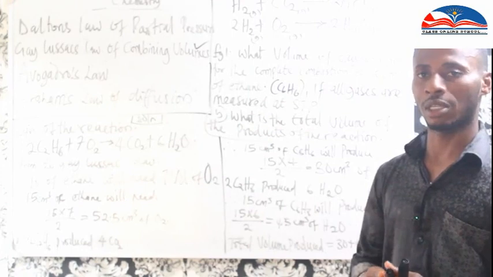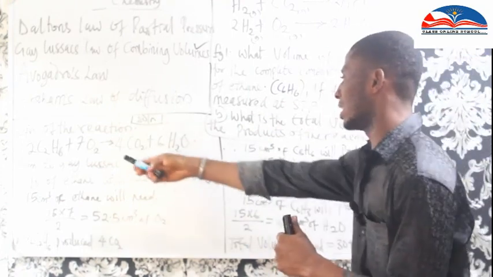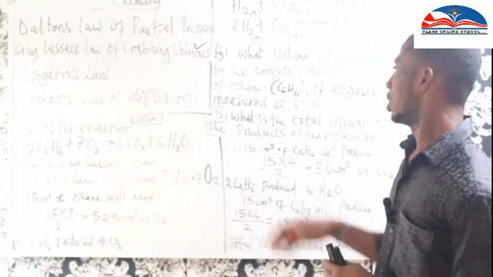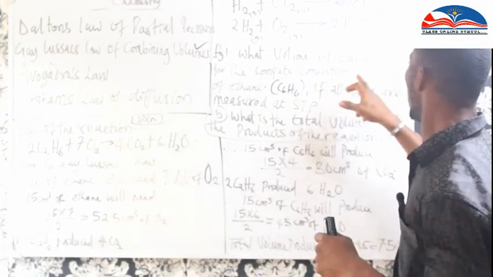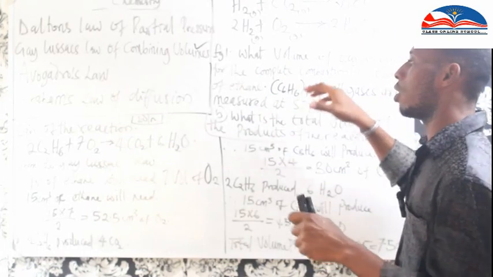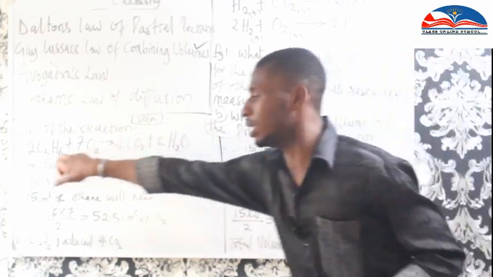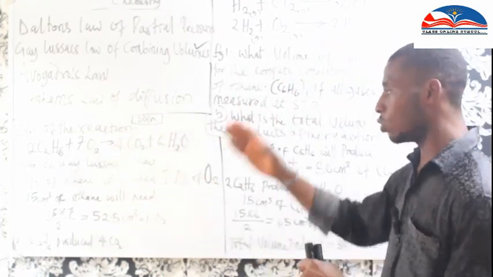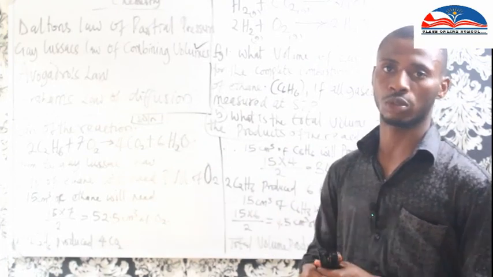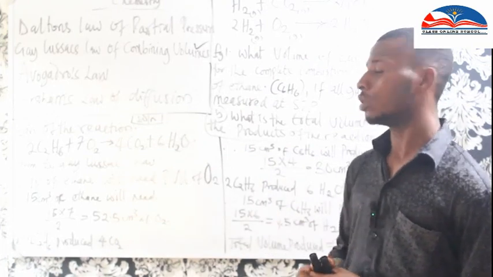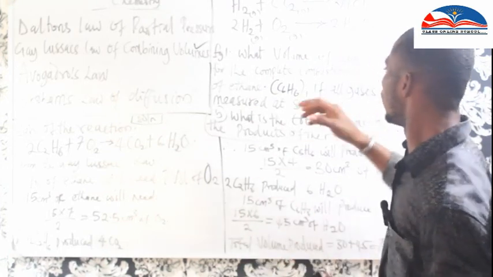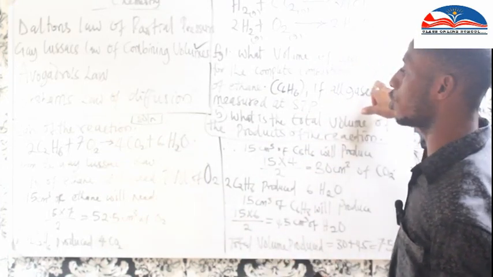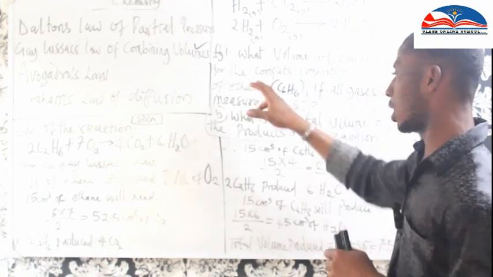Let's go back to what I mean. Now, this is the equation of the reaction. Now, they said what is the volume of oxygen required for complete combustion of 15 cm³ of ethane. Now, complete usage of this ethane, because ethane mixing with oxygen is going to combust. It's going to burst into flames. It's a reaction. Now, 15 cm³ of ethane, that is what they gave us.